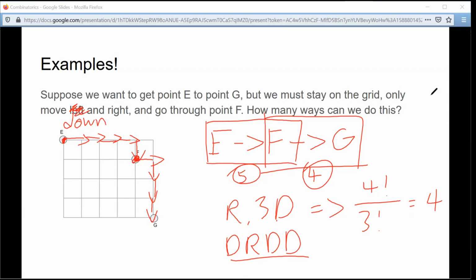You wouldn't add them, you would actually multiply them. And so 4 times 5 is equal to 20. So does anyone have any questions?